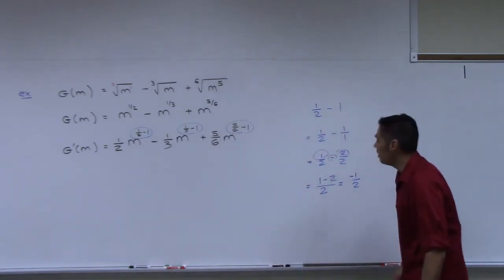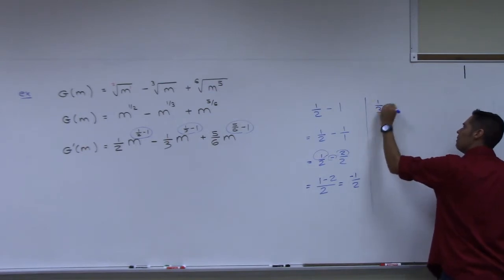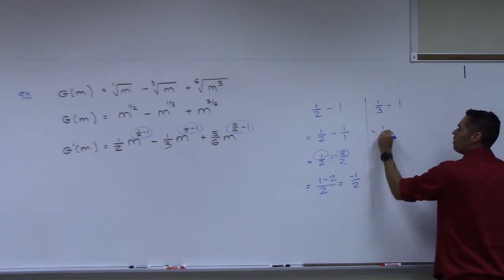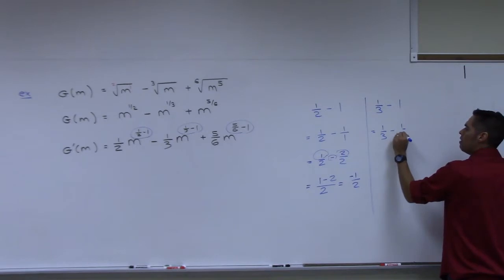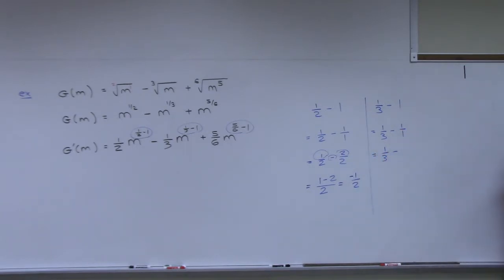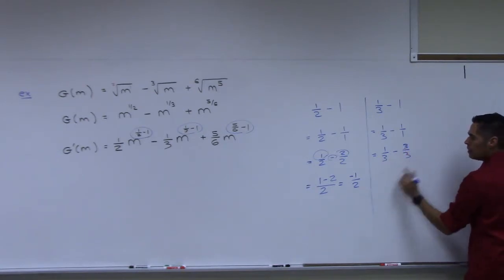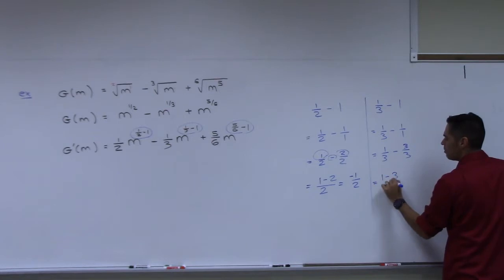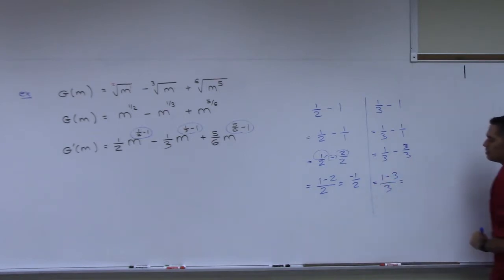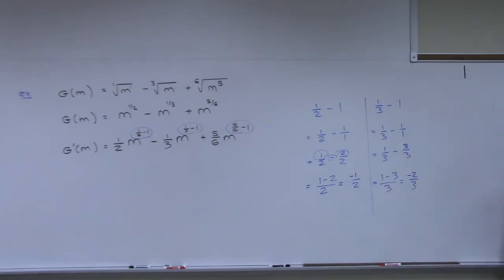I have to do the same thing for the next one. 1/3 minus 1 is the same as 1/3 minus 1/1, which is the same as 1/3 minus what this time? 3/3 to get my common denominator. And then this is going to be 1 minus 3 over the common denominator. So this becomes negative 2/3.